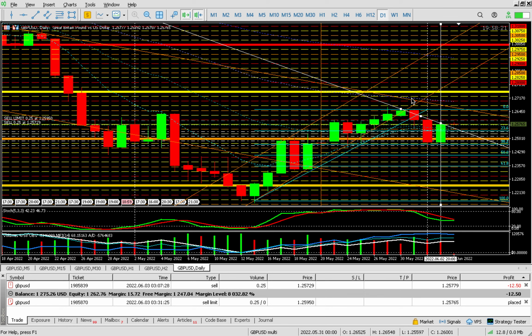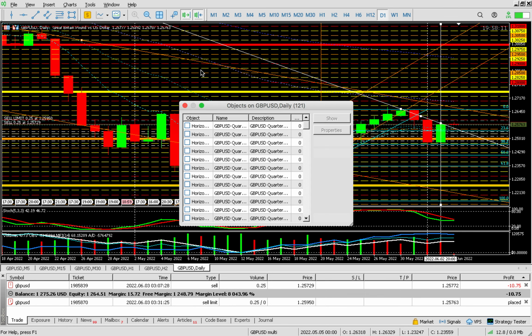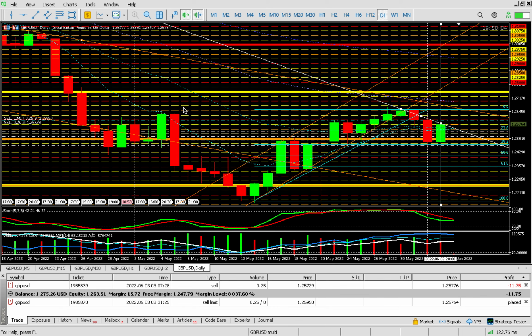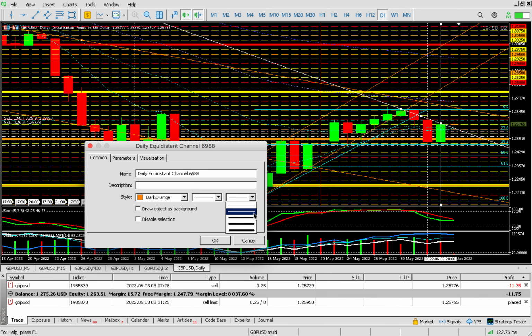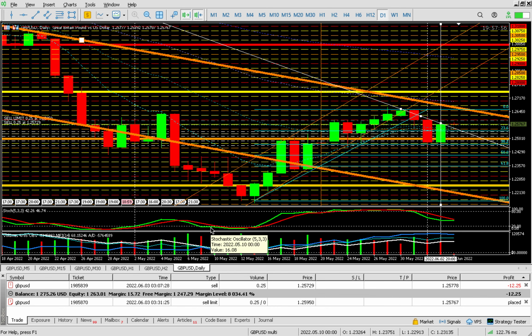Now here's something about an equidistant channel that is taught in the classic textbook, Technical Analysis of Financial Markets. This equidistant channel right here, which actually that should be thicker. We got to make this a little bit thicker. Whatever, it's a little bit too thick, but who cares?